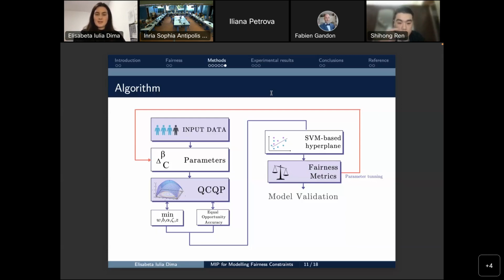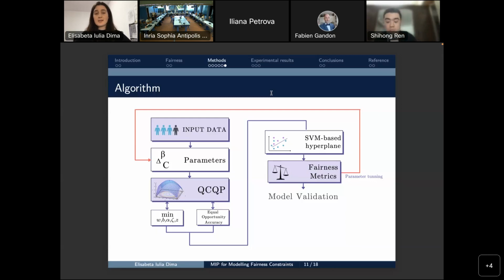So the simple SVM is still in our optimization problem, but also because we added those constraints and the alpha vector in our objective function, we also want to achieve equal opportunity.